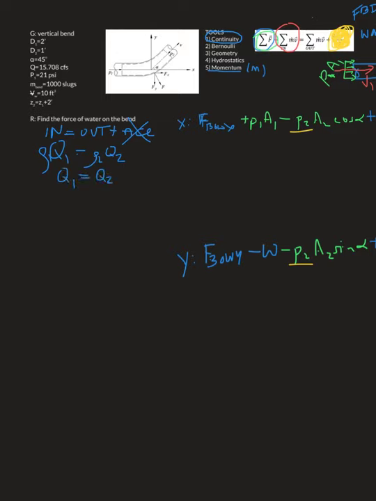This looks like what we just did a second ago for the other problem. And so I can say V1A1, well, let's just cut to the chase here. The chase is Q equals V1A1.